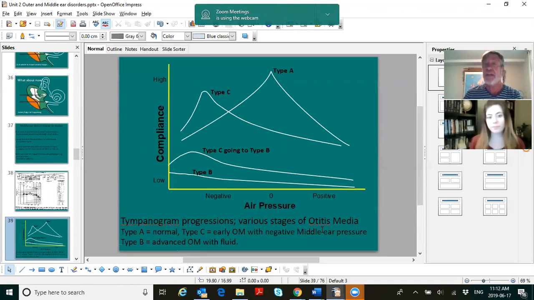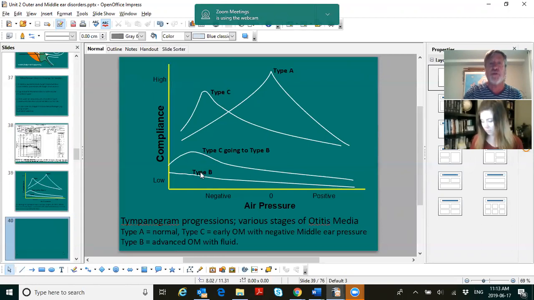So otitis media, we said last week, begins with a type C tympanogram, because that's early stages of otitis media, and then it evolves to a type B tympanogram when you've got fluid and pus behind the eardrum, and now you have no peak on the tympanogram. And to anyone vague on this, please review your previous Zoom session last week where we talked about how tympanometry is done. I would imagine that was somewhat covered also in your audiometry course 130.